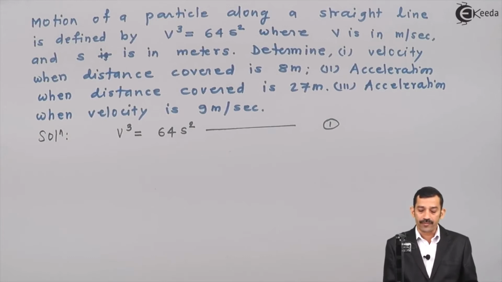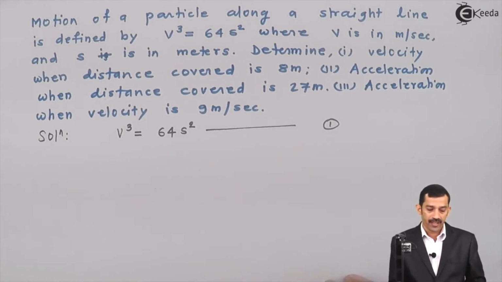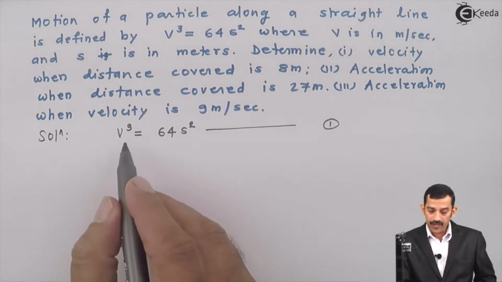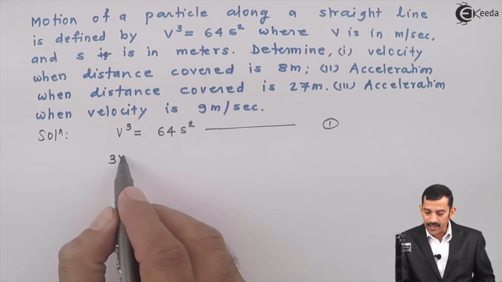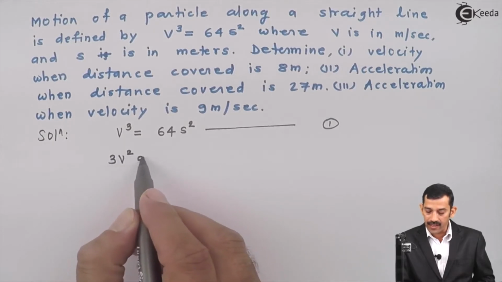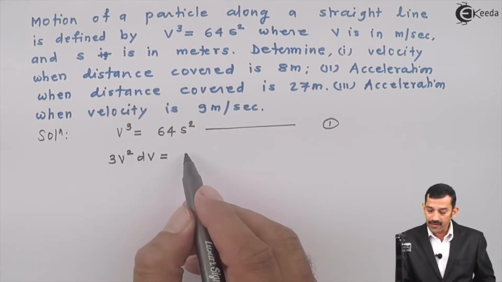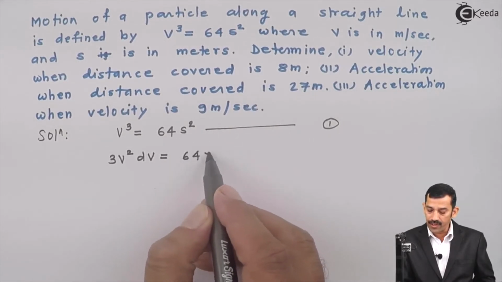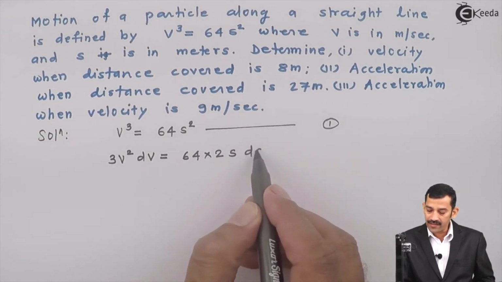To find this, if we differentiate this equation, v cube differentiates to 3v square dv, and on the right hand side, 64 into 2 s ds.